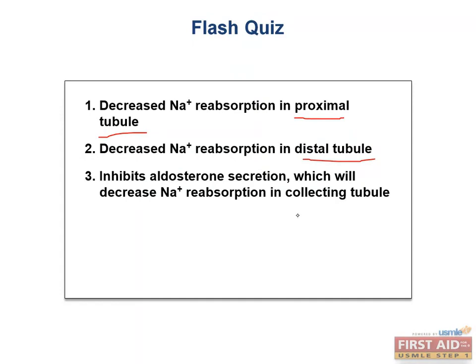So you see a lot of effects on sodium reabsorption, and this question really shows you how intricate the kidney can be. Enalapril is one of the ACE inhibitors, meaning it prevents the formation of angiotensin II, and has a number of important effects. First, angiotensin II normally acts in the proximal tubule to stimulate sodium reabsorption by exchanging it for hydrogen ions.